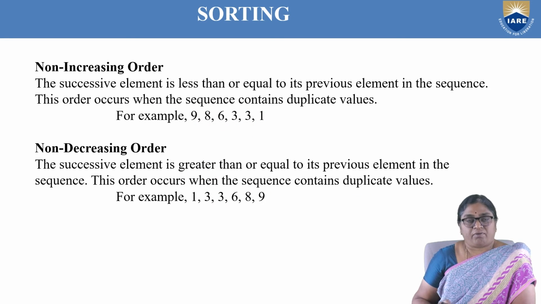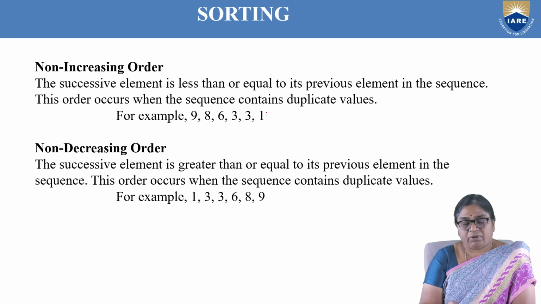Now, what is a non-increasing order? In non-increasing order, the successive element is less than or equal to its previous element in the sequence. In the previous definition, in increasing order, there is no term like equal, only strictly less than or strictly greater than.